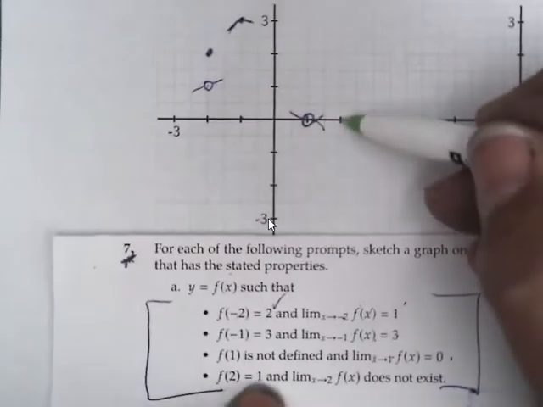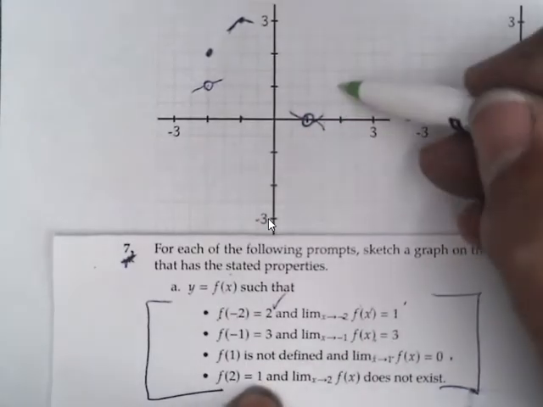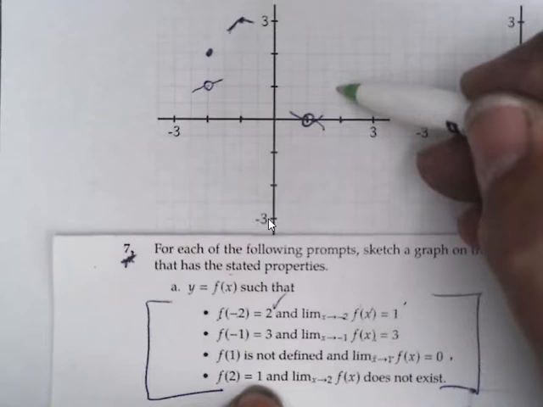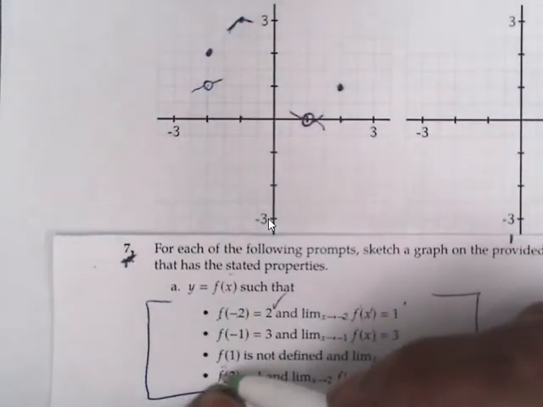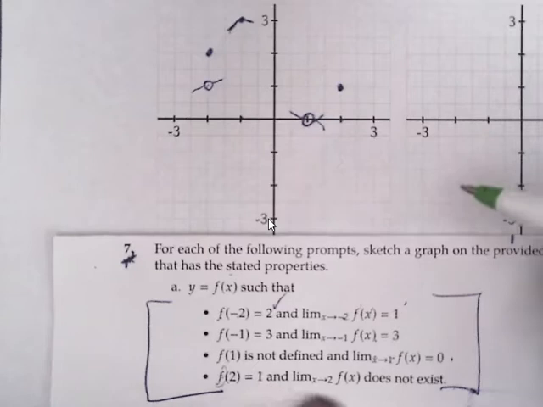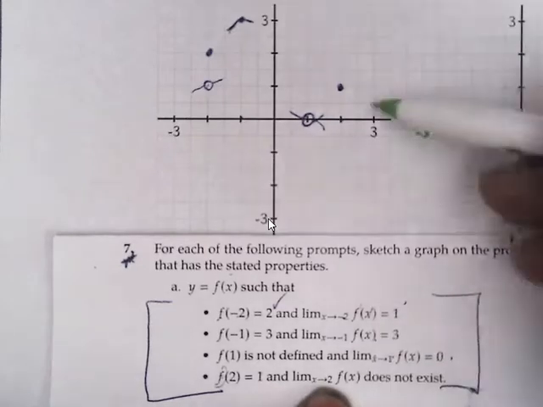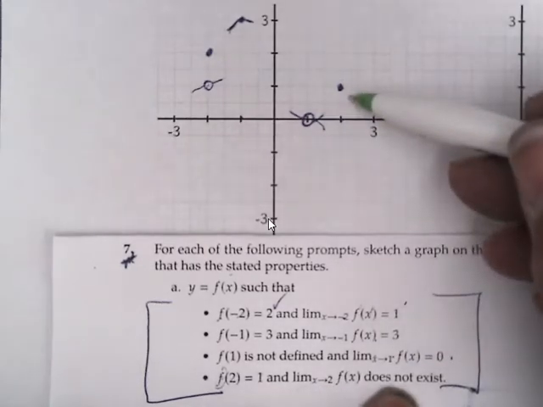And at 2, it has a height of 1, so there is a point there. The y value at 2 is 1. As we approach 2 from either side, we have no limit.